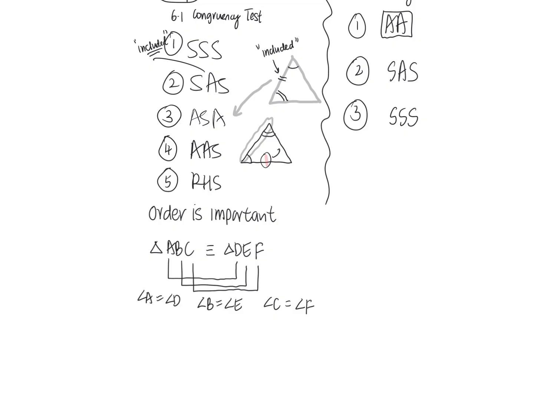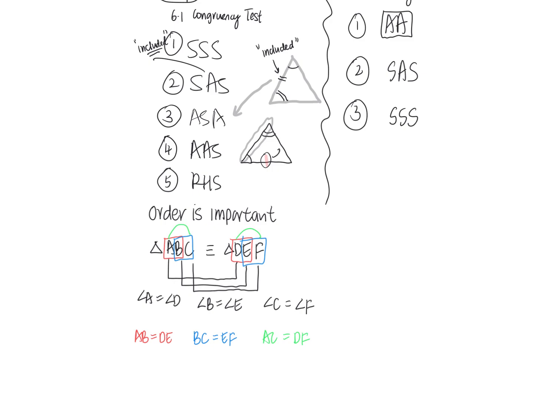Okay, not just that, you're telling me that the side AB is equal to the side DE. The side BC is equal to the side EF. So the order is very important. Last one, AC will be equal to DF.